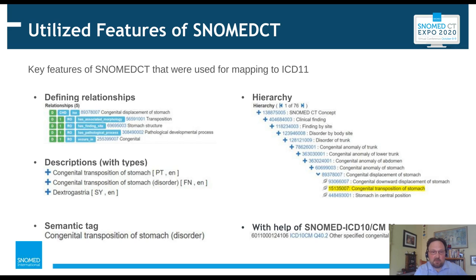So to do this, we thought about what are all the things about SNOMED that we could use to leverage the ability to find connections to ICD-11 and then value those connections.